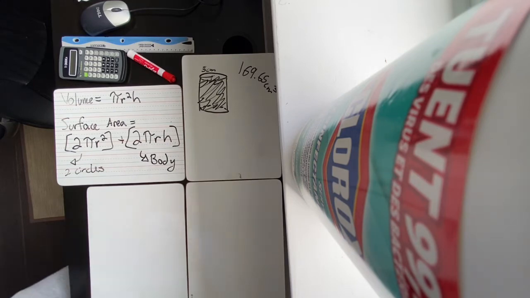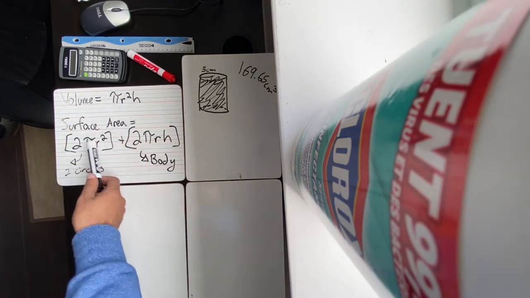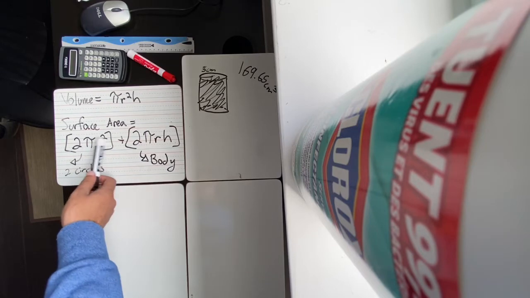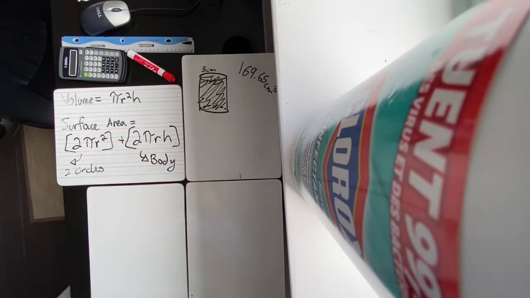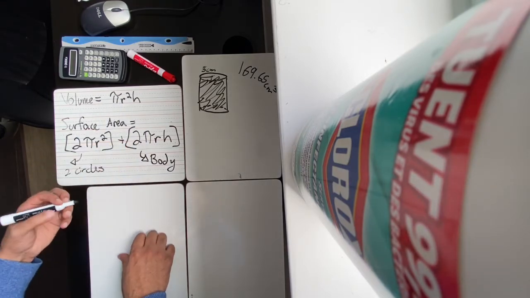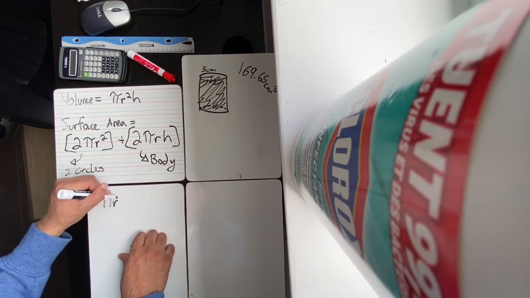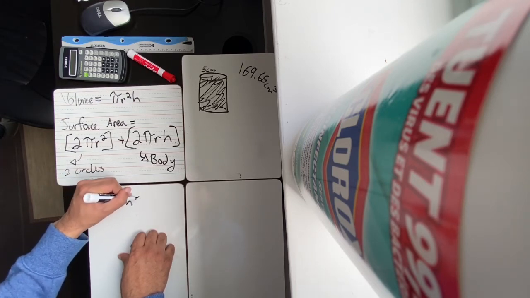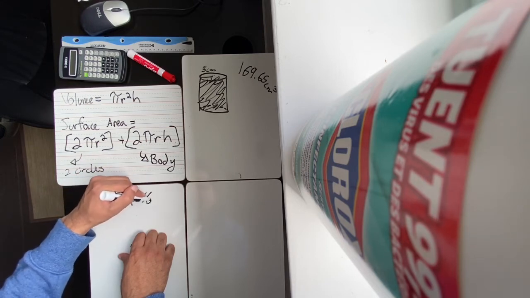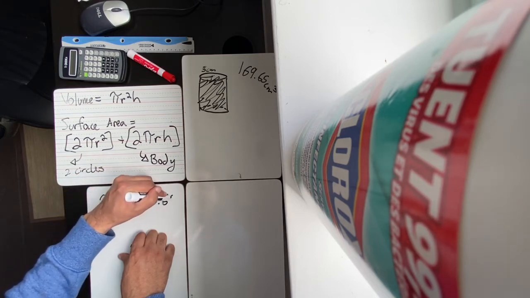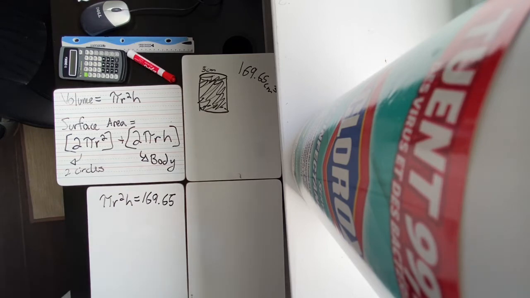So just like last time, figure out which formula you want to go with. It's a volume question, so we'll use the volume formula. Write it out first so you can keep track of your work. Pi times radius squared times height equals 169.65. So just like before in the previous question, you want to start by putting in whatever values you already know.